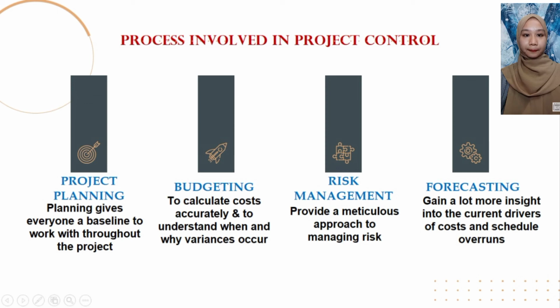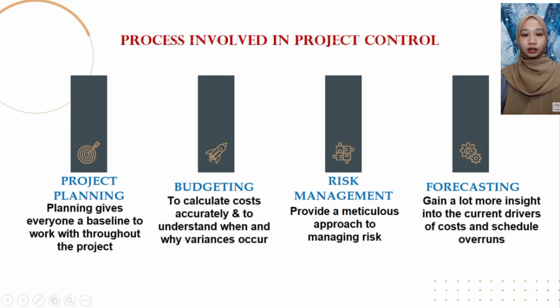First, project planning. Planning is one of the important steps in which the controller and project manager work together, where planning gives everyone a baseline to work with throughout the project. 2. Budgeting. Integrating the budgeting process into project activity is essential to calculate costs accurately and to understand where and why variances occur. 3.